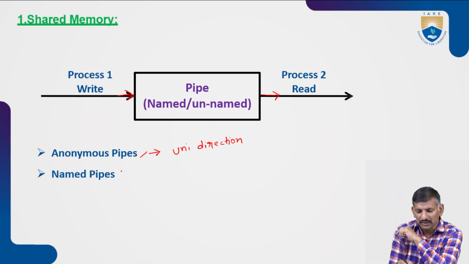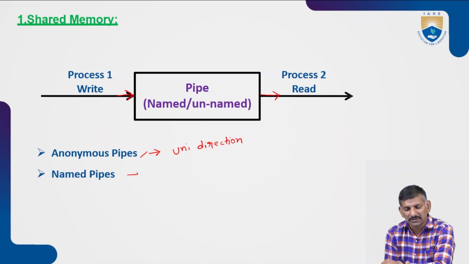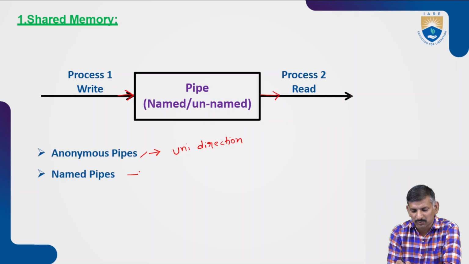Okay. In case of named pipes, it supports both directions. It contains unidirectional pipes, and at the same time it supports bidirectional pipes.